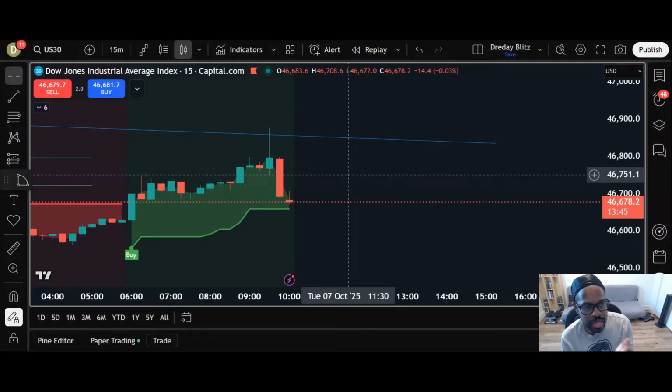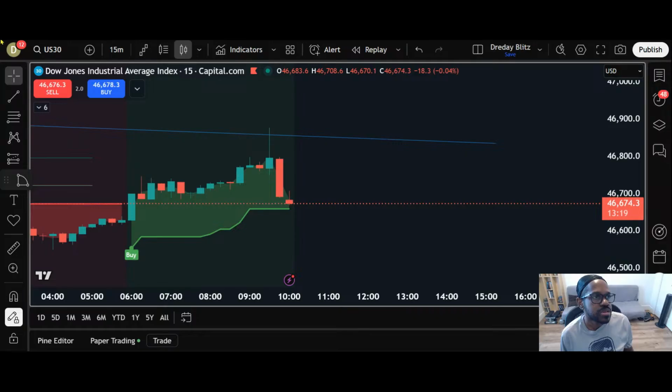So one e-mini contract equals 10 micro e-mini contracts. It's basically divided by 10, and it will give you the exact same price for the micro and the e-mini.